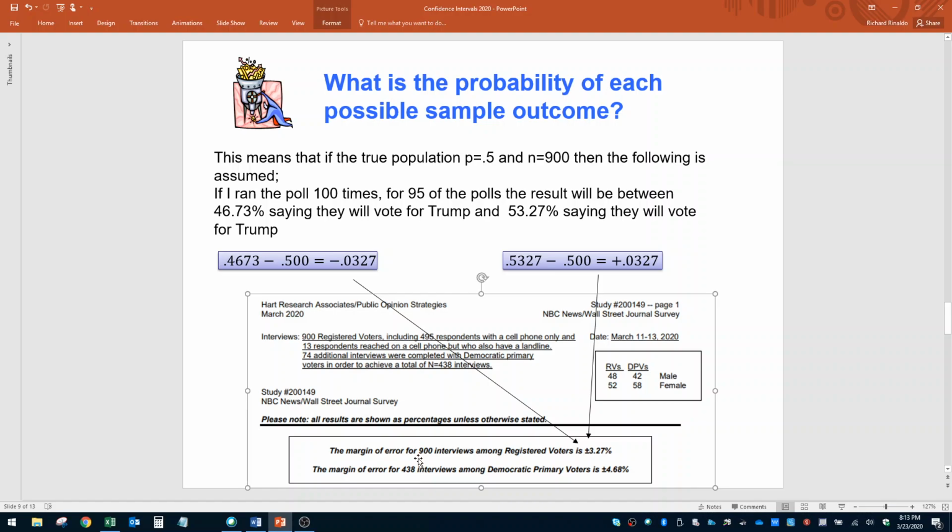They say their margin of error for 900 interviews among registered voters is plus or minus 3.27%. So what they're saying is that the result bounded between minus 3.27% and plus 3.27% represents the boundary that cuts off the bottom 2.5% and the top 2.5%, and everything in between is 95% of all possible outcomes.